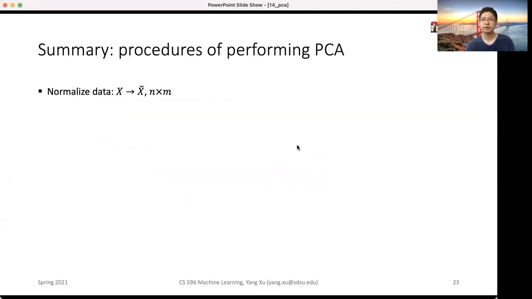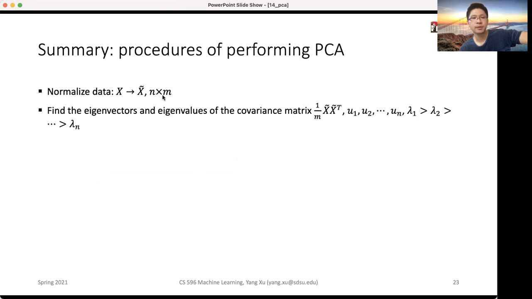Let's summarize a bit and look at a concrete example of PCA. Basically, we just need to normalize the data from x to x tilde, and then compute the covariance matrix, and then find the eigenvectors and eigenvalues for that covariance matrix.